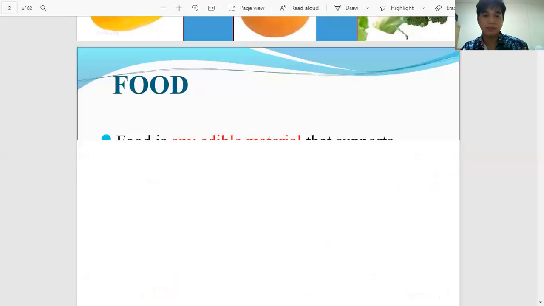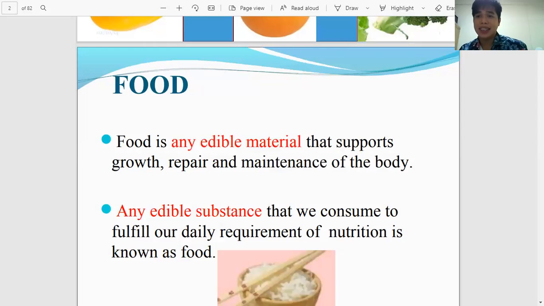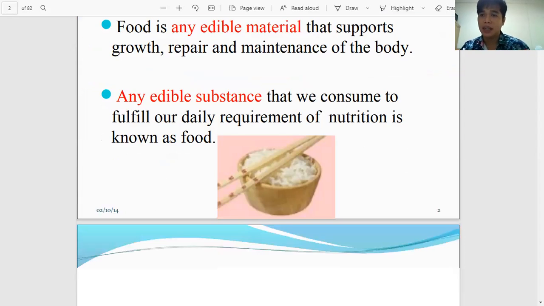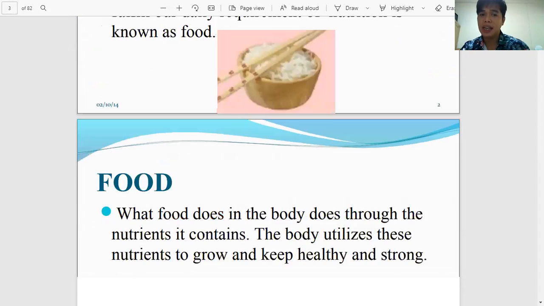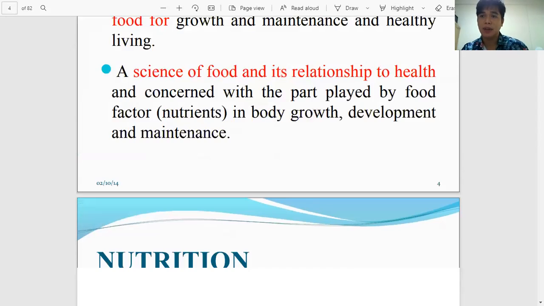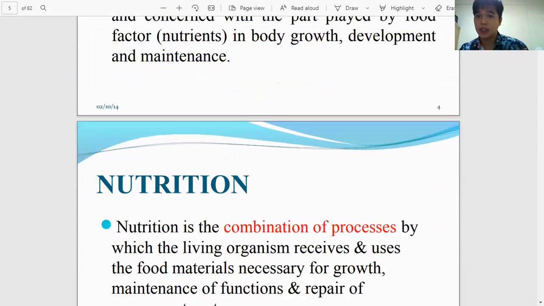Food is any edible material that supports growth, repair, and maintenance of the body. Food is the one that supports the growth, repair, and maintenance of our body. While nutrition, let's define what is nutrition.